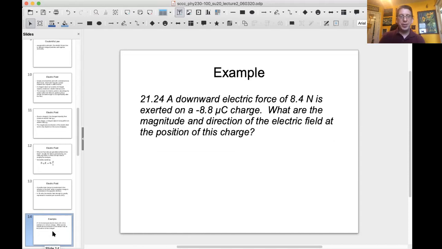So let's get to another example. A downward electric force of 8.4 newtons is exerted on a negative 8.8 microcoulomb charge. So what are the magnitude and direction of the electric field at the position of this charge? So let's go back to the whiteboard.